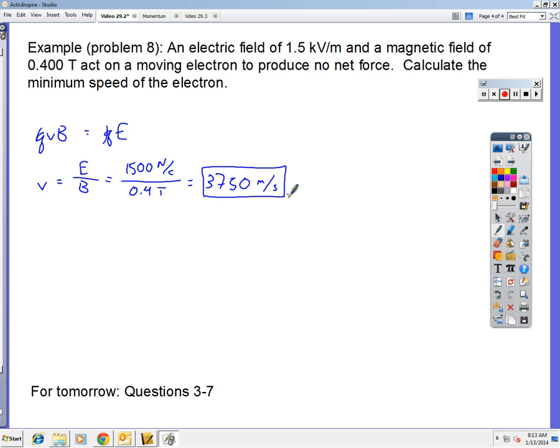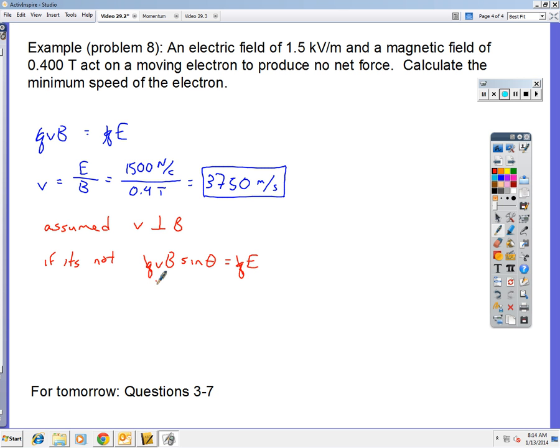But I want to point out one thing, and that is that the problem asks us to calculate the minimum speed of the electron. We assumed here that the velocity was perpendicular to the magnetic field. But if the velocity were not perpendicular to the magnetic field, what we would have to do is say QVB sine theta equals QE.